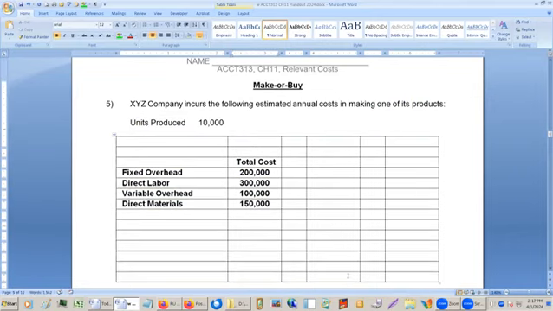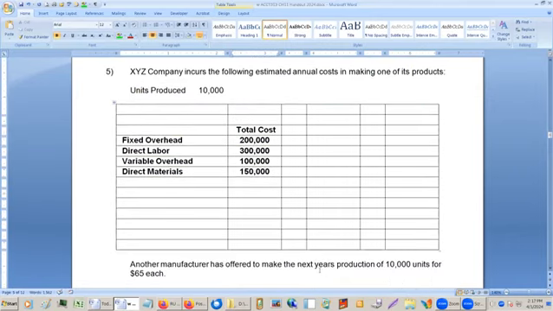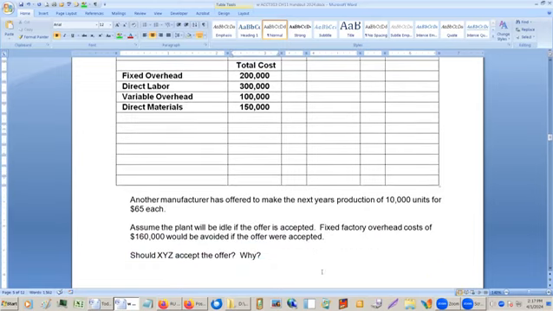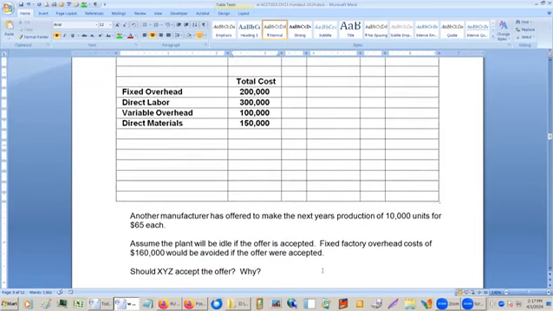Okay, so we're going to do the same thing for this one. They're making them, and they're going to compare that to buying them.